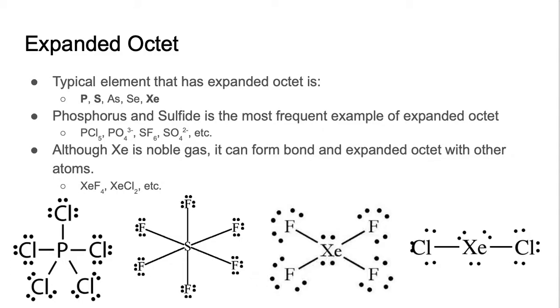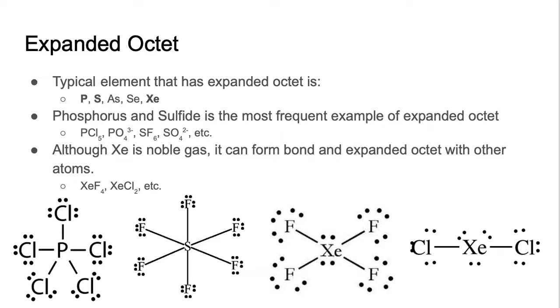The one that may surprise you right now is xenon, because xenon is a noble gas, and you probably know that noble gases don't react. So although xenon is a noble gas known to be stable, it can still form bonds with other molecules and have an expanded octet. This is because some xenon isotopes are reactive while others are not, and there are also more reasons behind this, but I'll leave it at that for now.